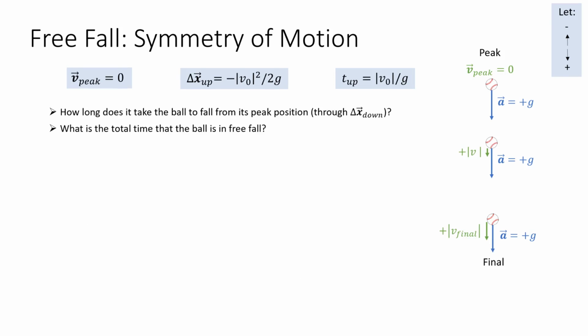Now let's ask ourselves the question, how long does it take the ball to fall back to my hand? And then finally, what is the total time that the ball is in free fall? So let's list our knowns again. It's going to be the same list as last time. So we have a is equal to plus g. Again, we've redefined our time so that it's restarting at the peak. And so t initial, which is of course the time t equals 0, is happening at the peak.